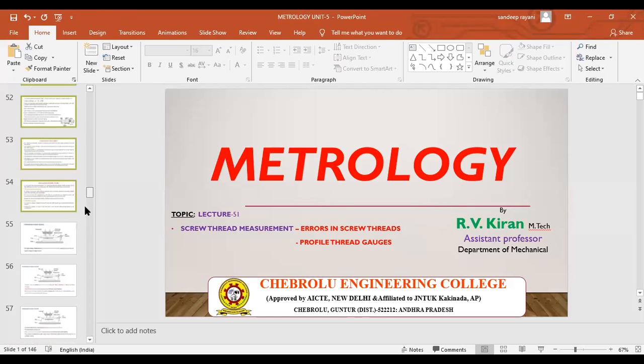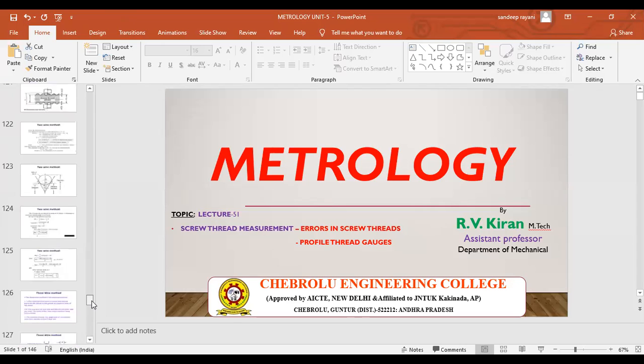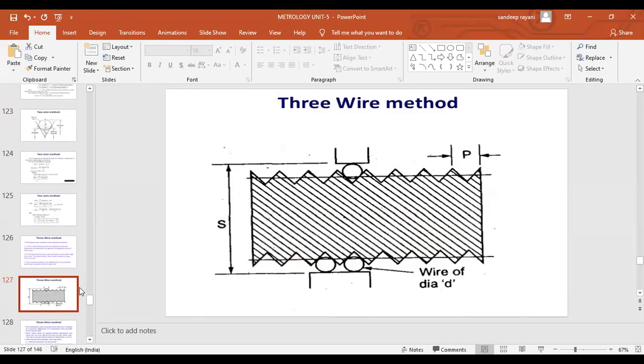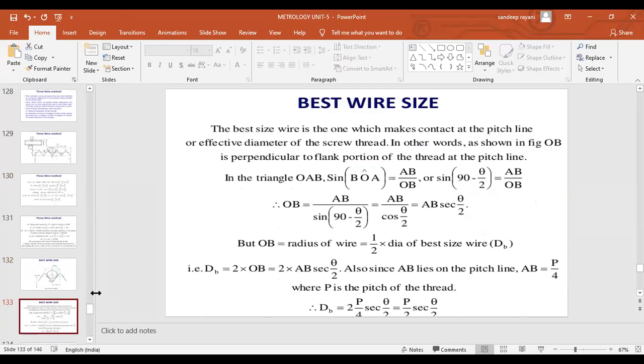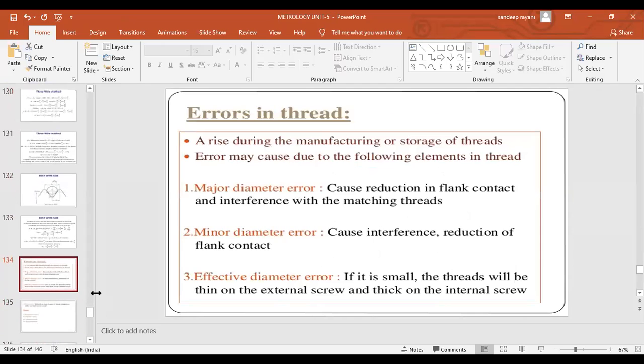In the previous class we discussed the three-wire method and the best wire size.